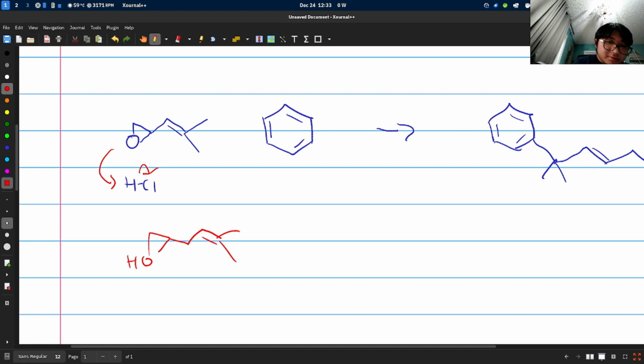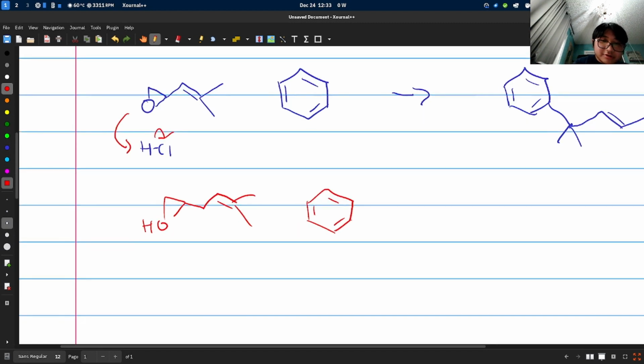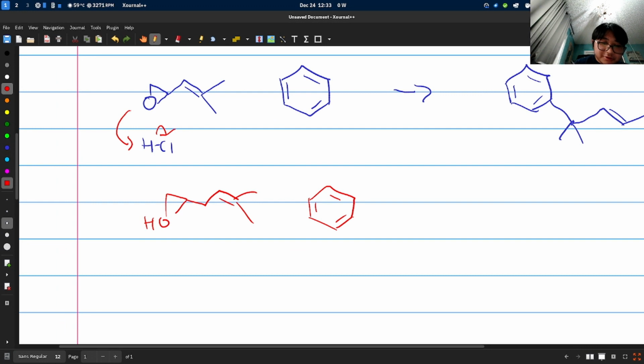Double bond, benzene. So in EAS, we can actually draw that bunny hop again, and it makes it clear how this reaction is proceeding. You get something like this. This is a positive charge, and you break the bond.